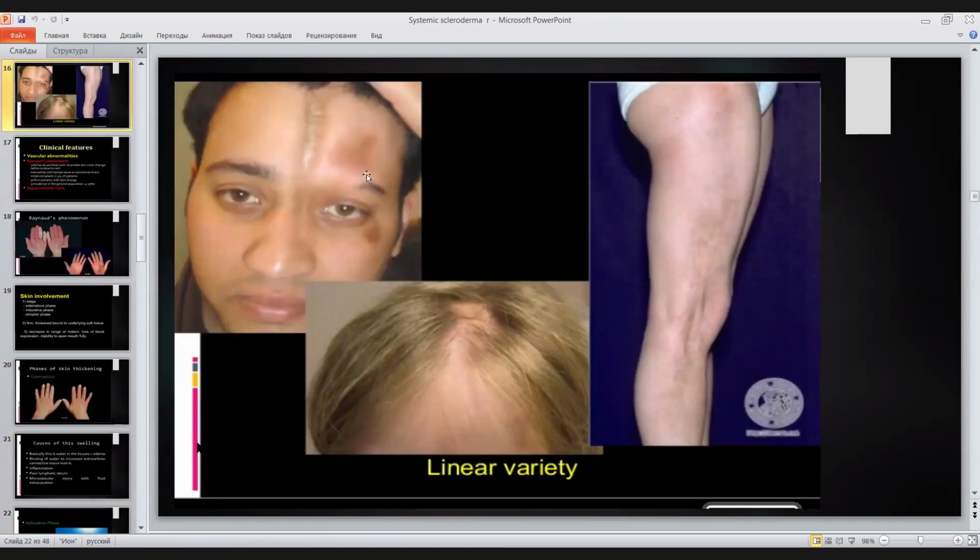Look here, hair loss. If you remember, in dermatomyositis also there is a linear variety like this line, hair loss like a line, not alopecia. Alopecia is diffuse loss, which is specific for SLE. Here it will be like one line.